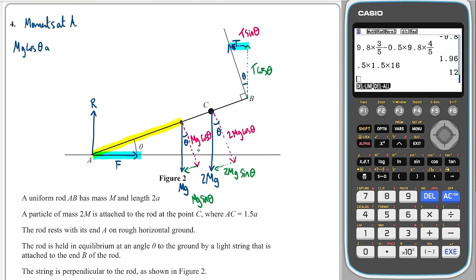And then the next one I do is I go along and I hit my next force, again perpendicularly, and that's 1.5a distance away. It's going in the same direction, so it's going to be added on. That's 2 mg, and that is cos of theta, and that's times by 1.5a, the distance.